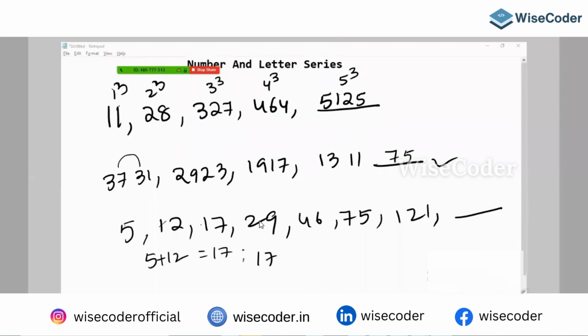Next, 17 plus 12 is 29. Next must be 29 plus 17, which is 46. So your answer is 121 plus 75, which is 196.